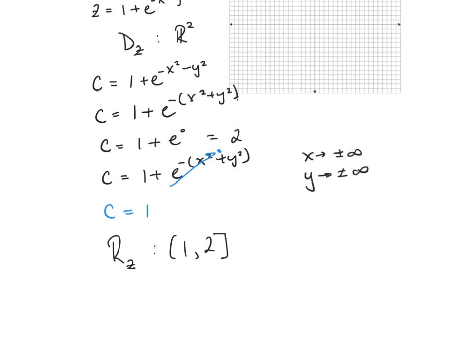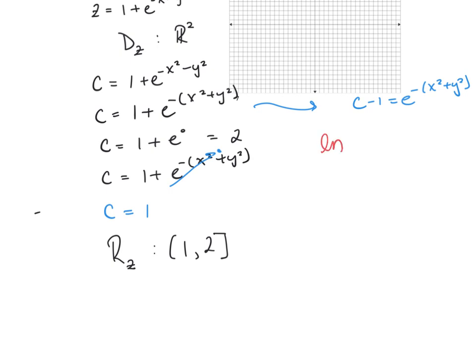So since these are the best c values, let's talk about what I could choose, and go ahead and do that, and see what the shape would look like as I did before. So I'm going to go ahead right here and take 1 to the other side. So I have c minus 1 is equal to e raised to the negative x squared plus y squared. Now I'm going to do the natural log of both sides so I can bring that exponent down out front.